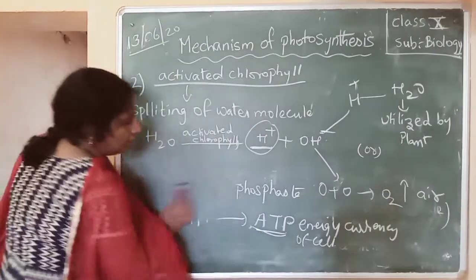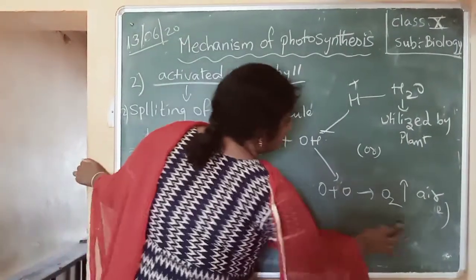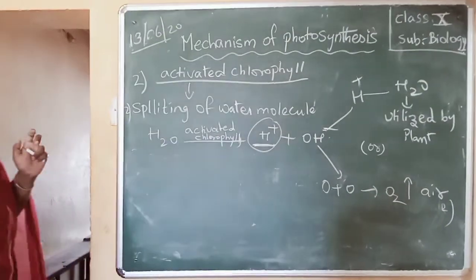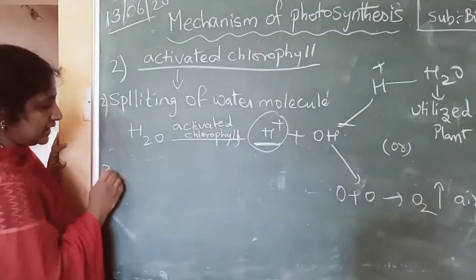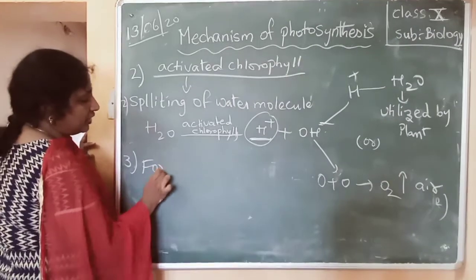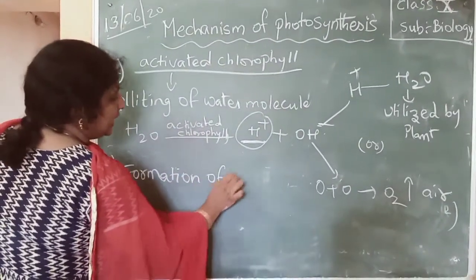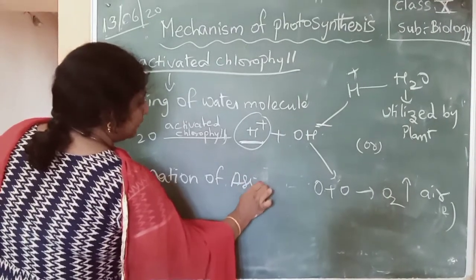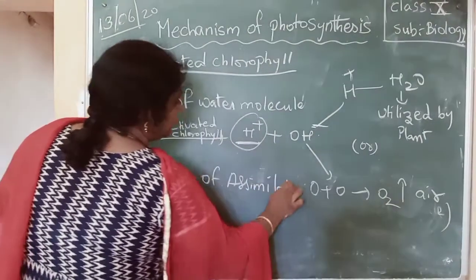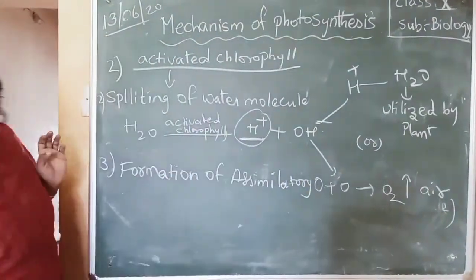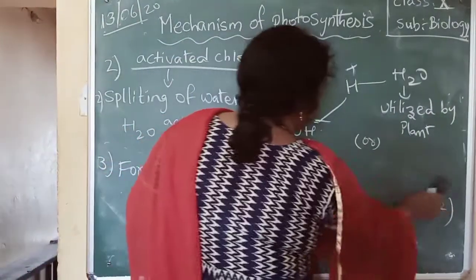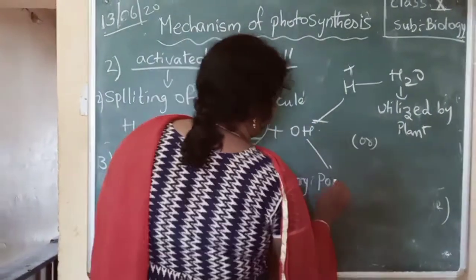Now you have understood what NADP and ATP are. Now coming to the third step, the formation of assimilatory powers.